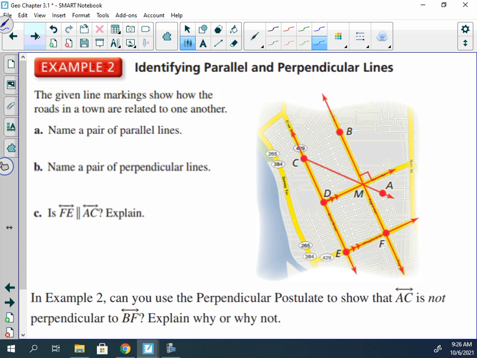So what we'll be doing on this here is we want to name a pair of parallel lines in the figure. So DE and CE and BF, possibly.